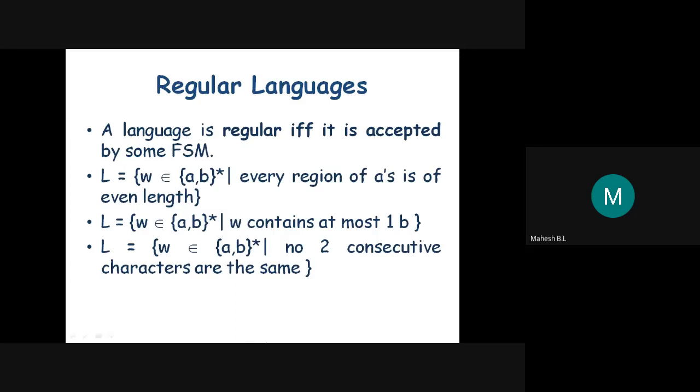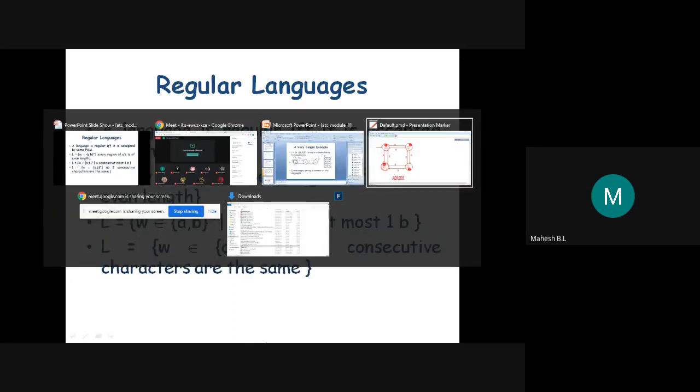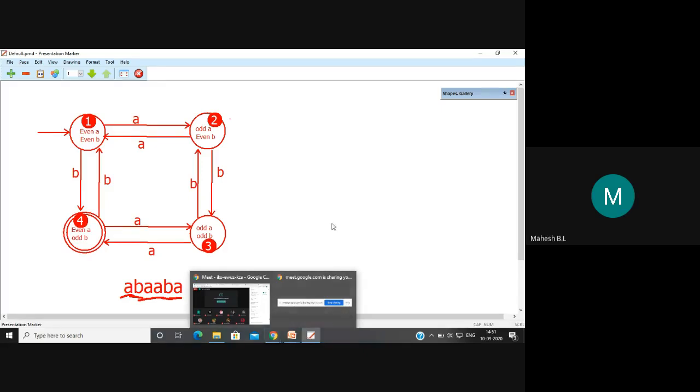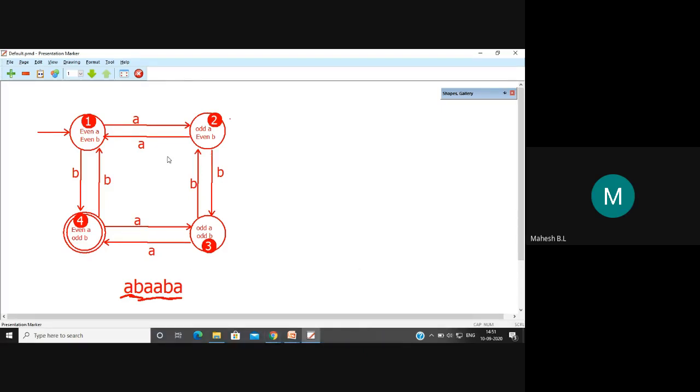Okay, let me try. Every region of A's must be of even length.